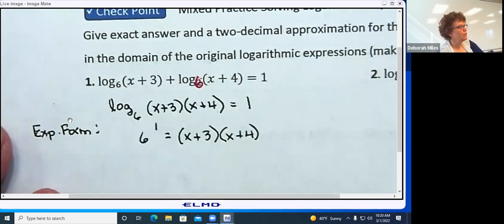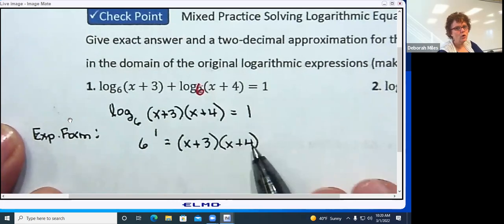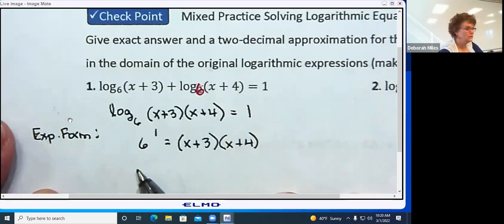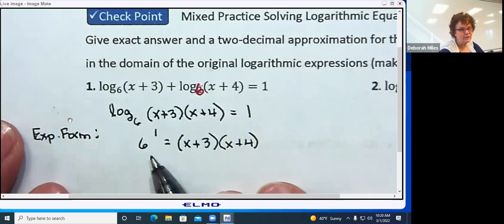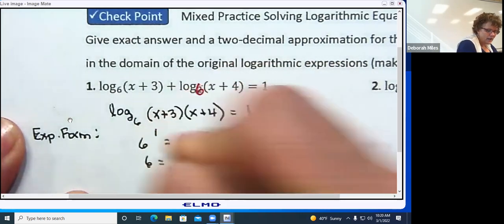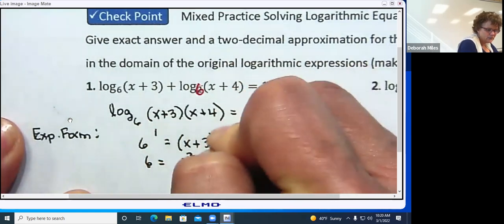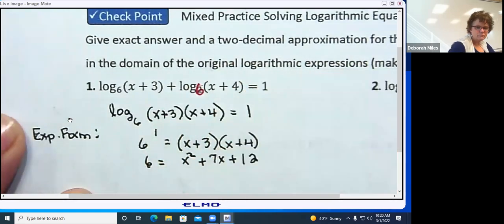And then I'm just solving a quadratic equation. Now, you can't say x plus 3 equals 6 or x plus 4 equals 6. You're solving an equation by factoring. You've got to have a 0 on one side. So I'm going to FOIL out that right-hand side, x squared plus 7x plus 12.